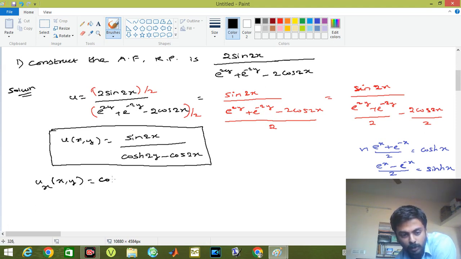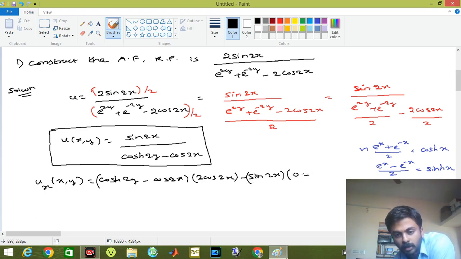We will get (v u dash minus u v dash) by v square, with v being cosh 2y minus cos 2x. v u dash means 2 cos 2x, and u v dash is sin 2x into 0 minus, so minus of minus will become plus 2 sin 2x.